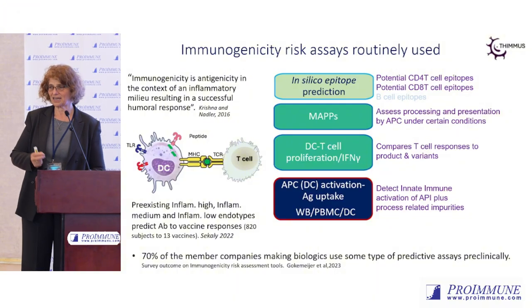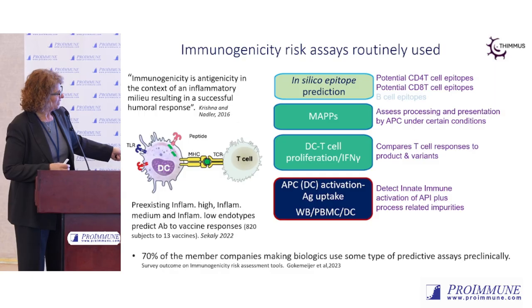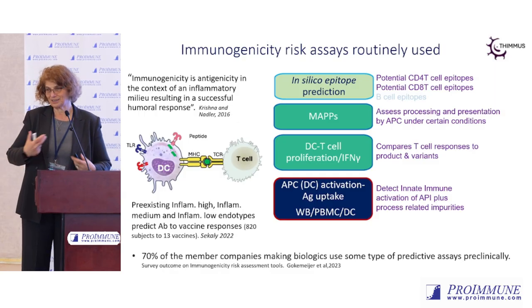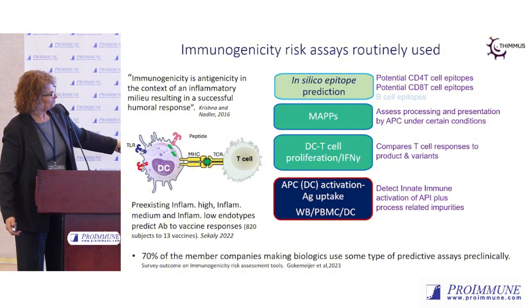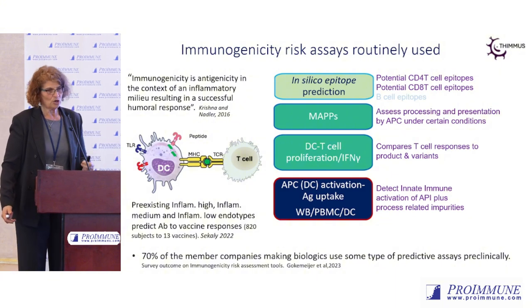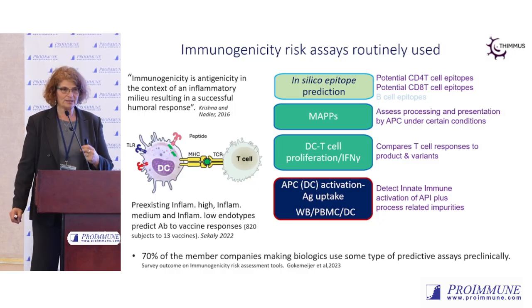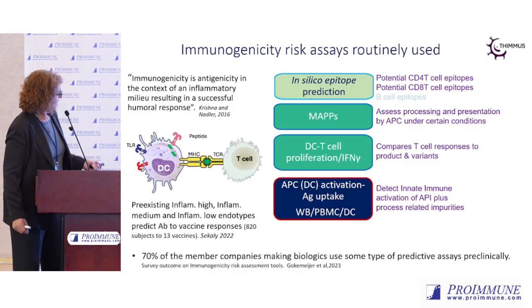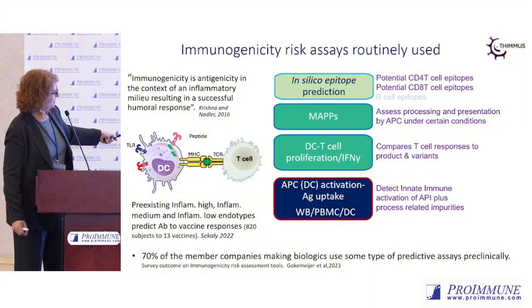Do we have T cells that can respond? And then there's a last bucket that should actually be the first bucket, because it's what I really like, which is the bucket that has to do with the activation of the antigen-presenting cells. And that one is critical. Why? So we have, as I said, assays that predict what's going to be presented in the context of MHC, with what affinity, and what T cells are going to be responding.